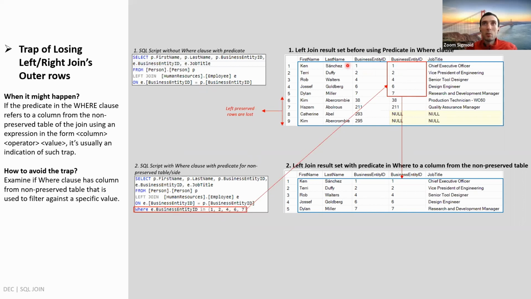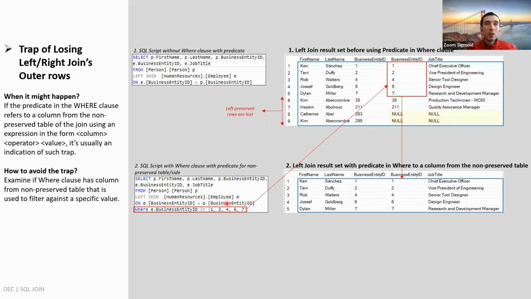Then it will keep all these rows from the left table, preserved rows, and it will keep on the right side these values, and here it will indicate null, and here also null. So that would be one solution for this trap.